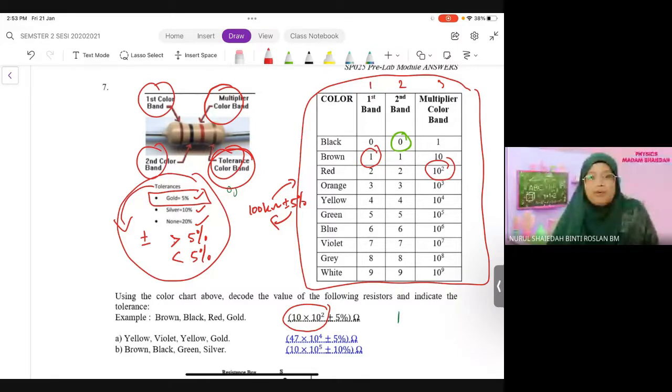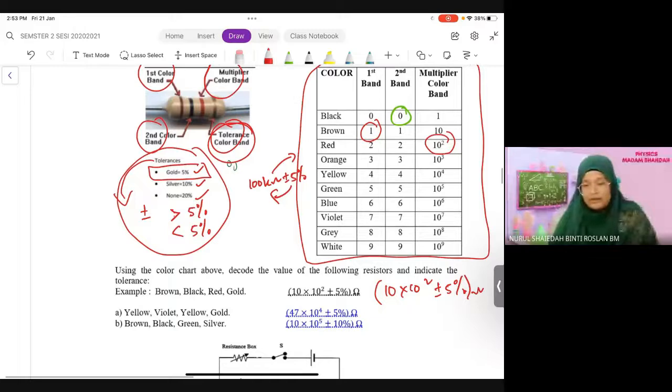And because this is gold, so dia akan jadi plus minus 5%. So itu cara bacaan dia lah. So you akan tulis 10 times 10 power of 2 plus minus 5% and the unit adalah ohm, sebab ini adalah resistor.